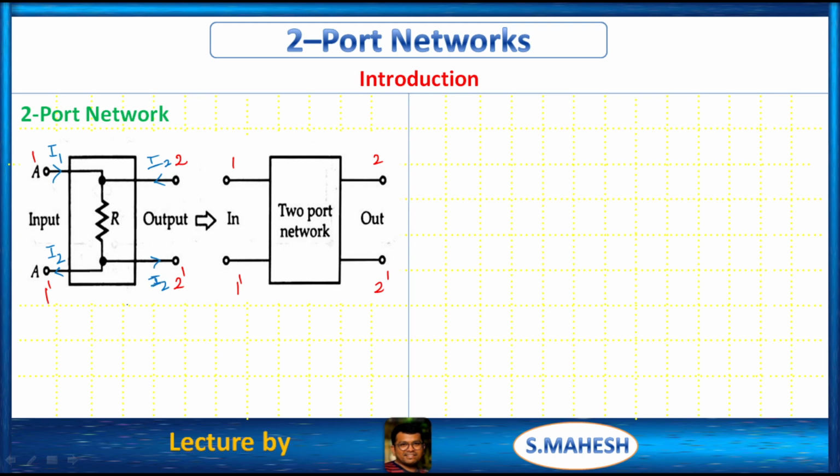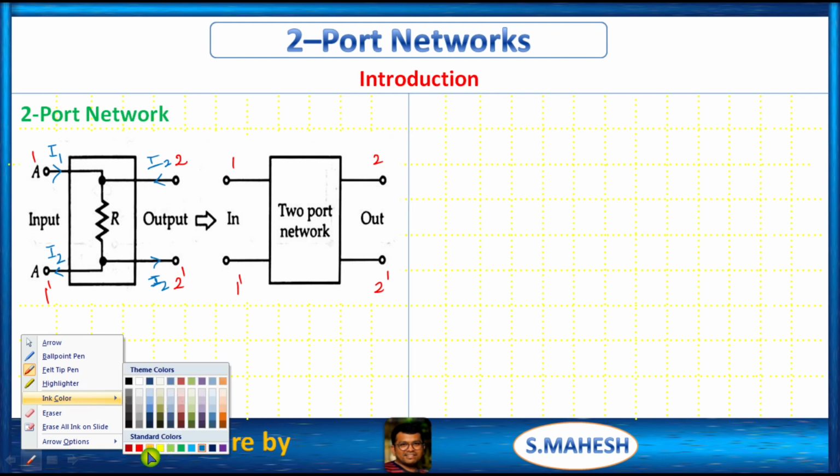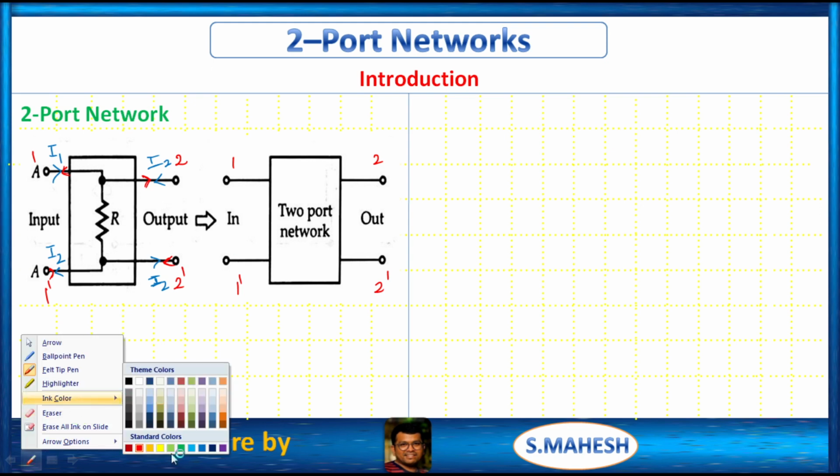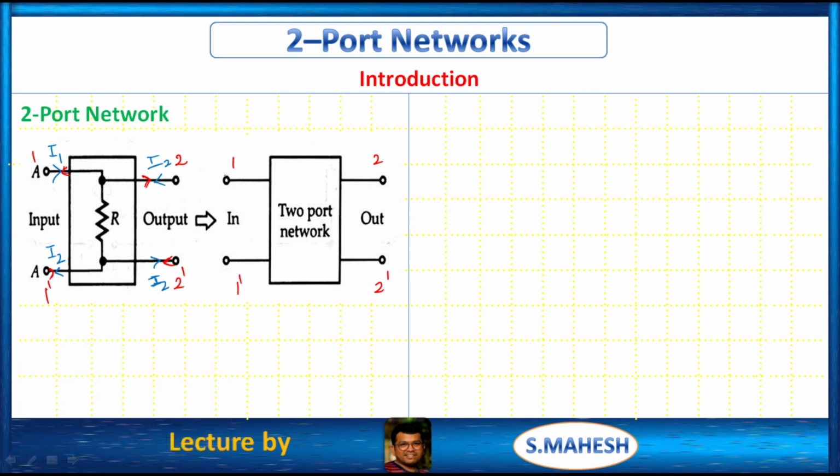For example, if the current enters this way, the same amount of current leaves this way. That's it. This is about the two-port network, which means we have 4 terminals.